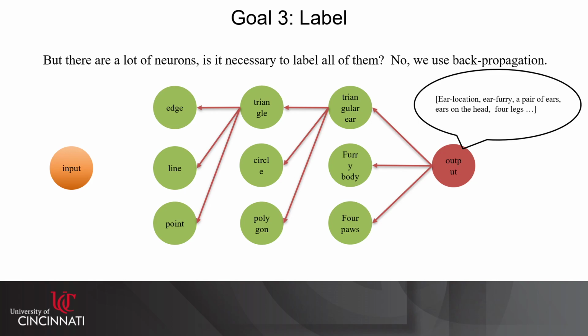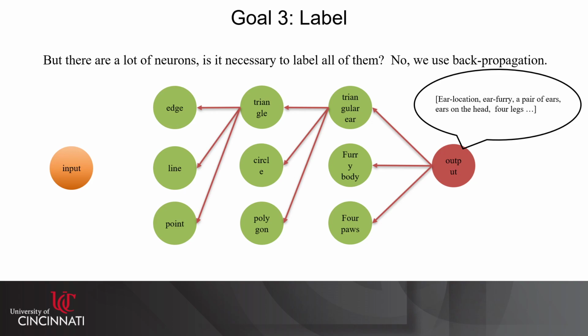So from the output layer, we backpropagate once to let the computer learn a triangular ear. And then we backpropagate one more time so that the computer can learn what a triangular ear is.